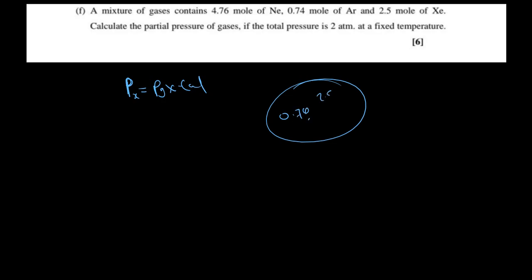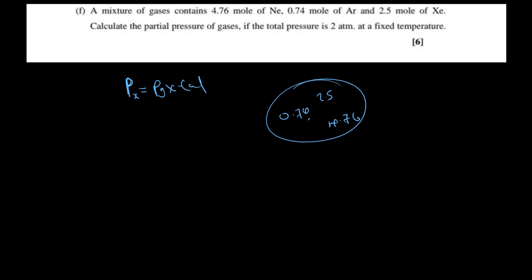To find the partial pressure of a gas, you take the mole fraction of that gas times the total pressure. Given these moles, find the ratios of moles in the vessel: 0.74, 2.5, 4.76, like that. We will find each one now.